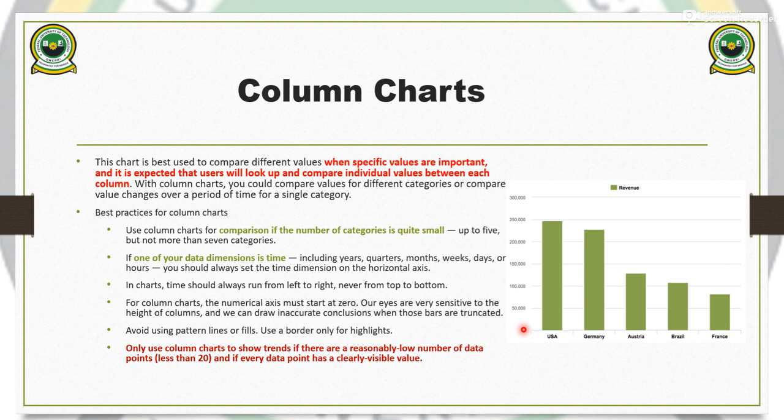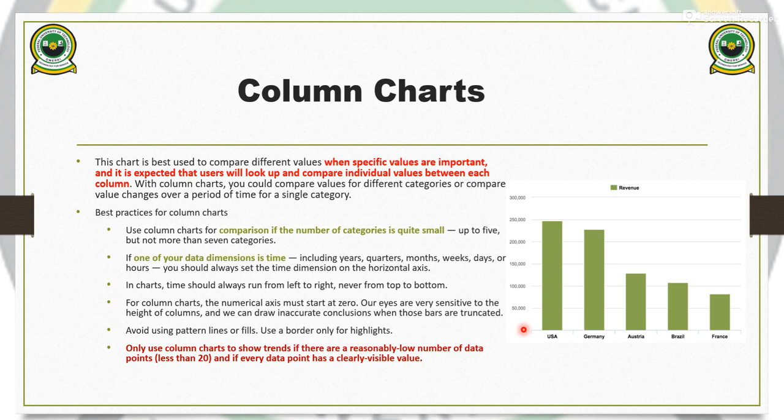You must avoid using pattern lines or fills. You better use a border to highlight a particular column under discussion. Only use column charts to show trends if there is a reasonably low number of data points to plot.